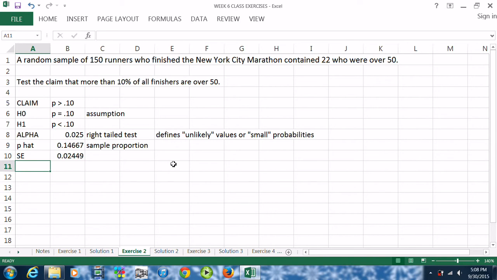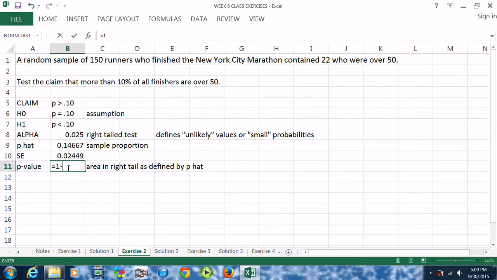Once we have our P hat and standard error, we're ready to compute the P value. This is now a right-tailed test, so we want to find the area in the right tail as defined by P hat. When you're doing an area in the right tail, you need to do a 1 minus norm.dist.